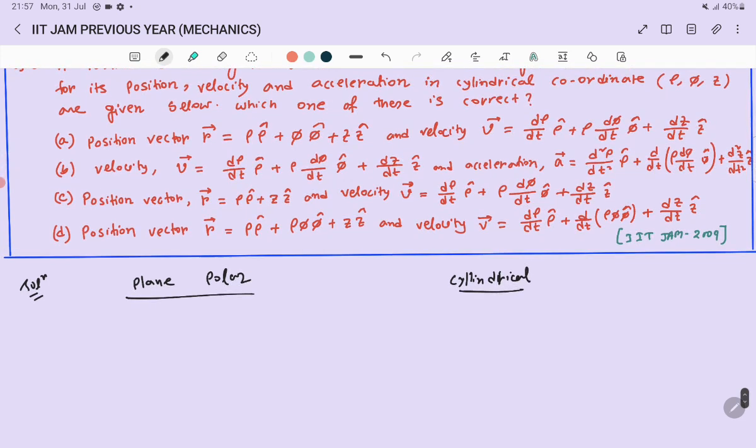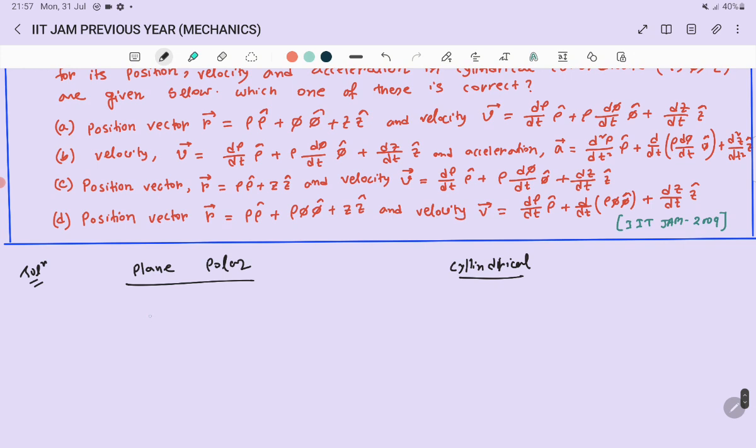For plane polar coordinate, the position vector r is equal to r r cap, because this is r theta, and here it is rho phi z. So here your position vector will be rho rho cap plus z z cap.